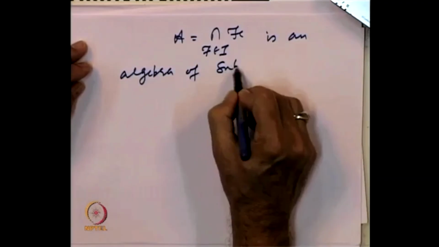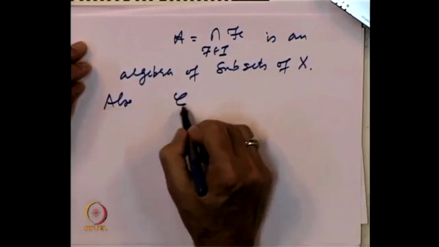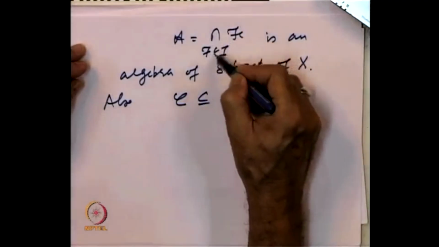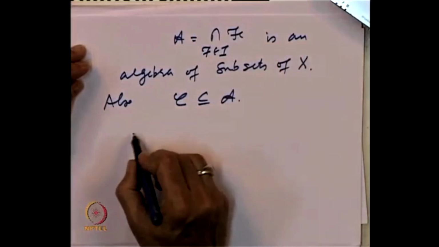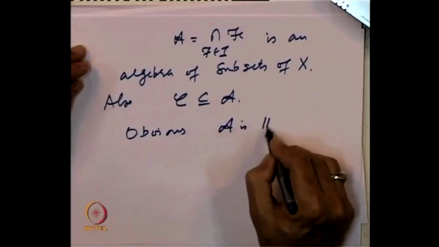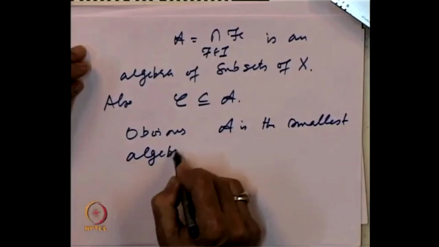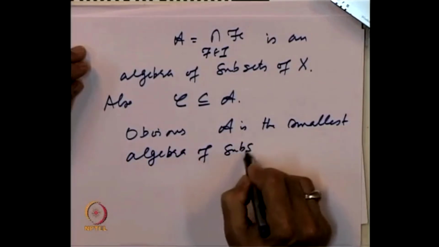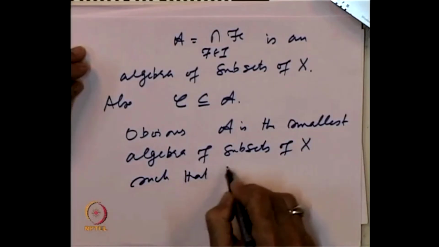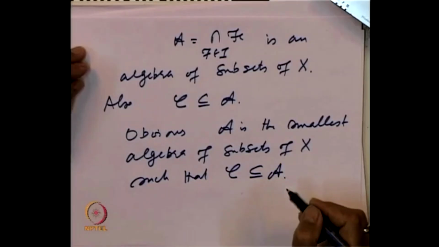So we have shown the second property, namely that this collection A is an algebra of subsets of the set X. Also, C is inside A. And by the very nature, because it is the intersection of all the algebras which include C, it should be obvious that A is the smallest algebra of subsets of X such that C is inside A. What do we mean by that?